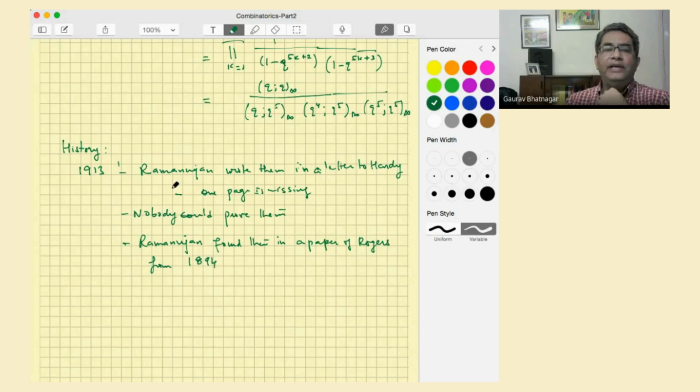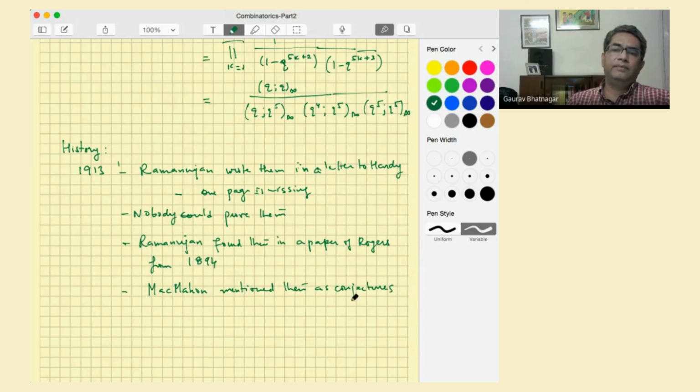So 20 years later, basically, Ramanujan was scooped by Rogers 20 years ago. And Major MacMahon, whom we've heard about, the guy who did the calculation, he mentioned them as conjectures in his book.